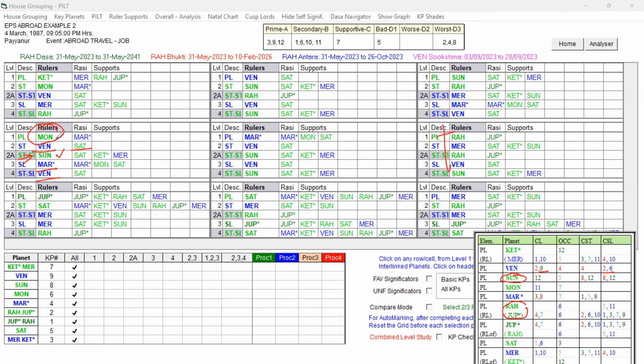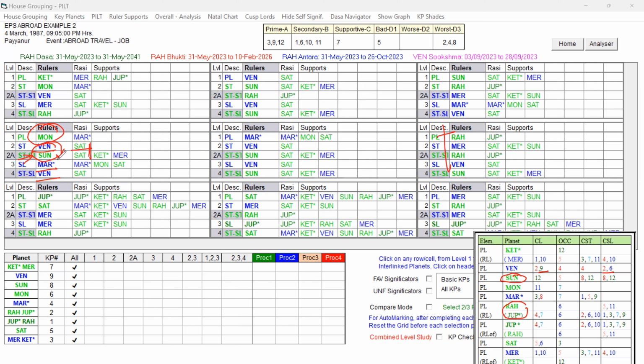So Moon is in the star of Venus, Venus is in the star of Sun and supported by Sun and Saturn. So Venus and Sun are the strong favorable key planets ruling the Dasa Lord. Sun, a strong key planet, is supporting the Moon, supportive for travel abroad.